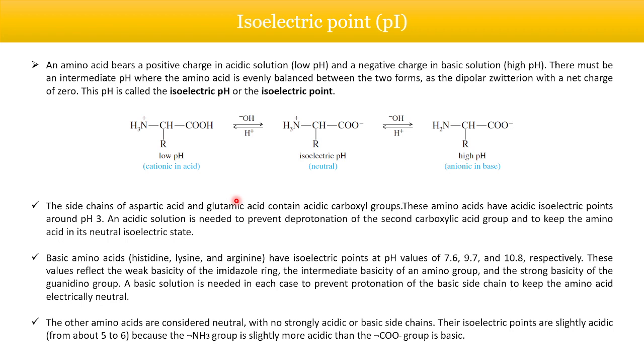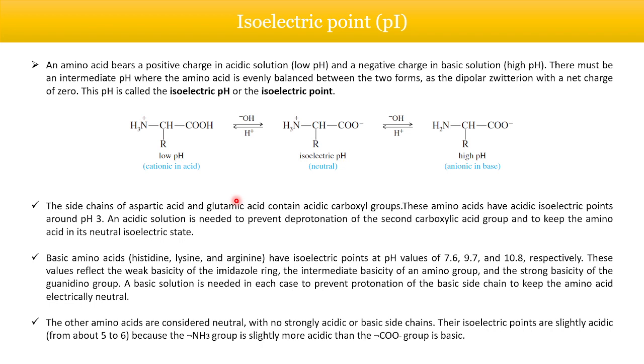Whereas for the basic amino acids like arginine, lysine and histidine, they have isoelectric points at a pH higher than 7: 7.6 for histidine, 9.7 for lysine, and 10.8 for arginine.